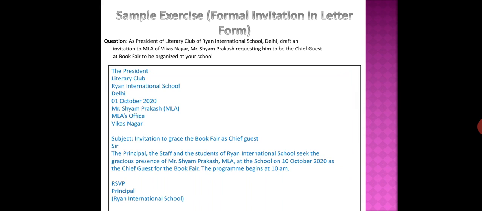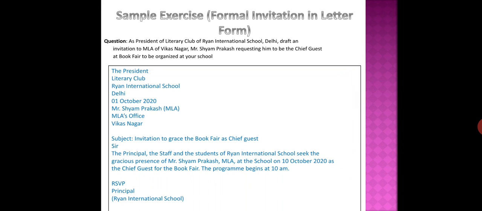Now, the important things to be included. First of all, who is inviting? The principal, the staff, and the students of Ryan International School. Then, what is the function? The function is book fair. That also has been mentioned in the content. Then, the venue is at the school, so that also has been mentioned.